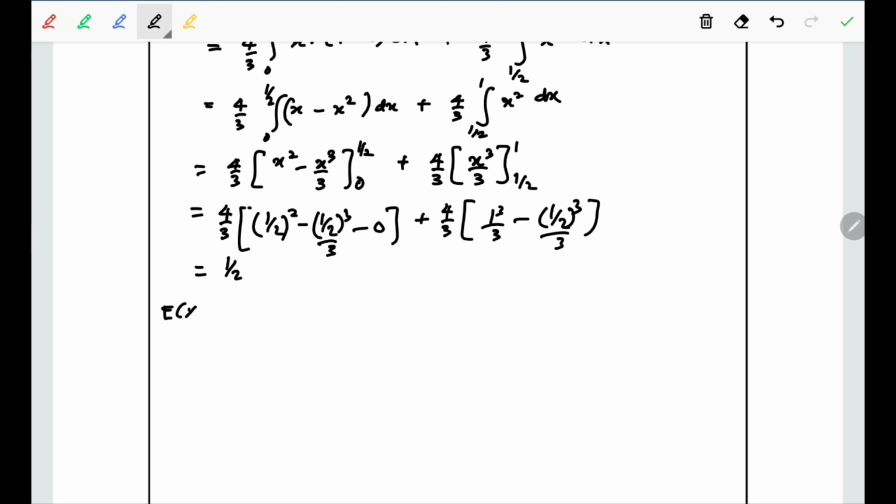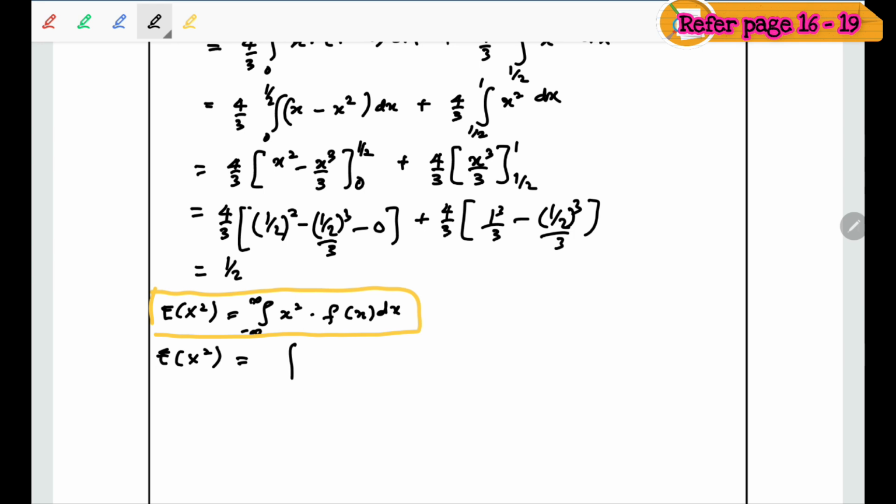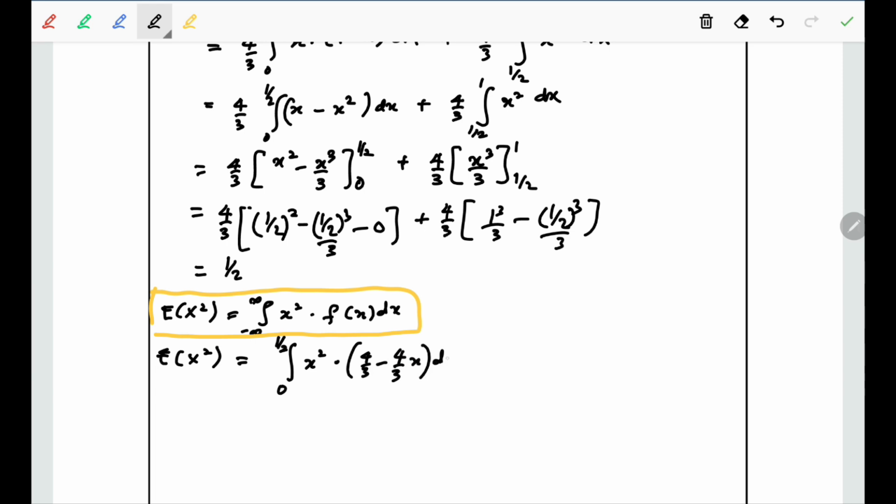So the expected of x squared equals the integration from the lowest to the uppermost limit of x squared multiplied with the function f(x). So the expected of x squared for this function is equal to integration from 0 until 1 over 2 of x squared multiplied with 4 over 3 minus 4 over 3 x dx, plus the second function, which is from 1 over 2 until 1, x squared multiplied with 4 over 3 x dx.